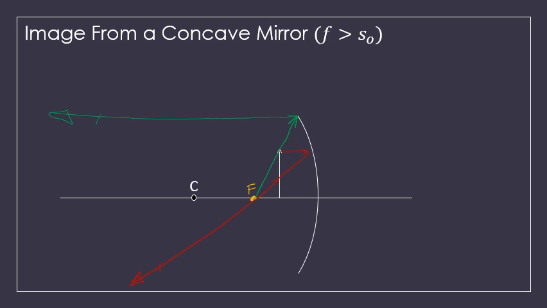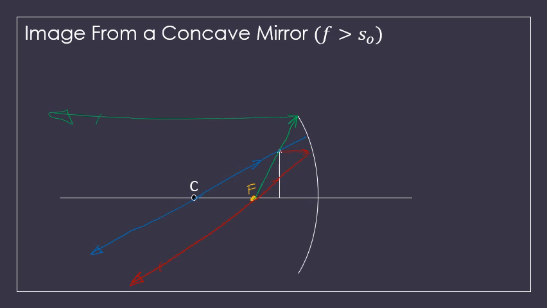But let's check with our center of curvature ray. So light that goes through the center of curvature then reflects so that it comes back.